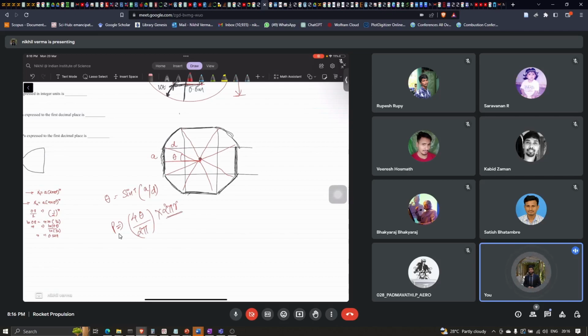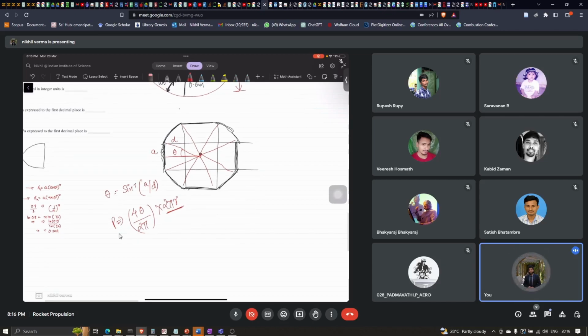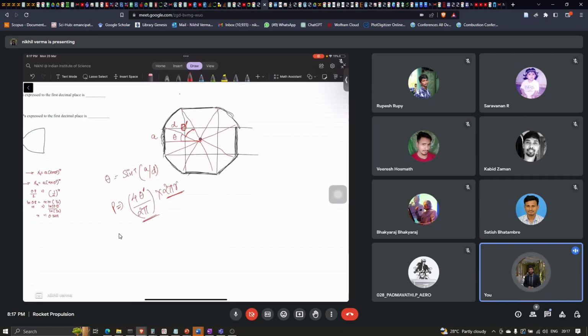This is the complete perimeter of the circle. Okay, but we are taking this factor into account. One minute. So this will not be the theta, actually this will be the theta. So this is theta dash, correct? So how to calculate theta dash? This is just pi by 2 minus this, which will also be theta.